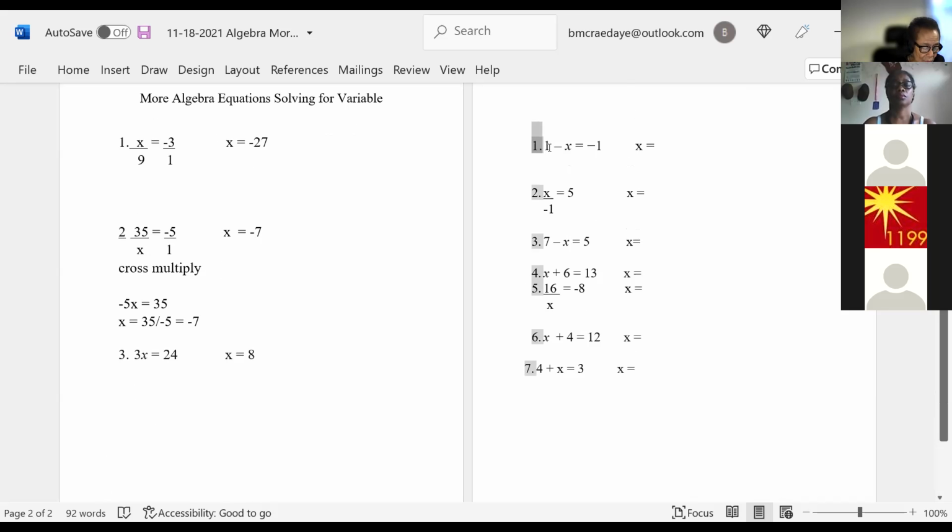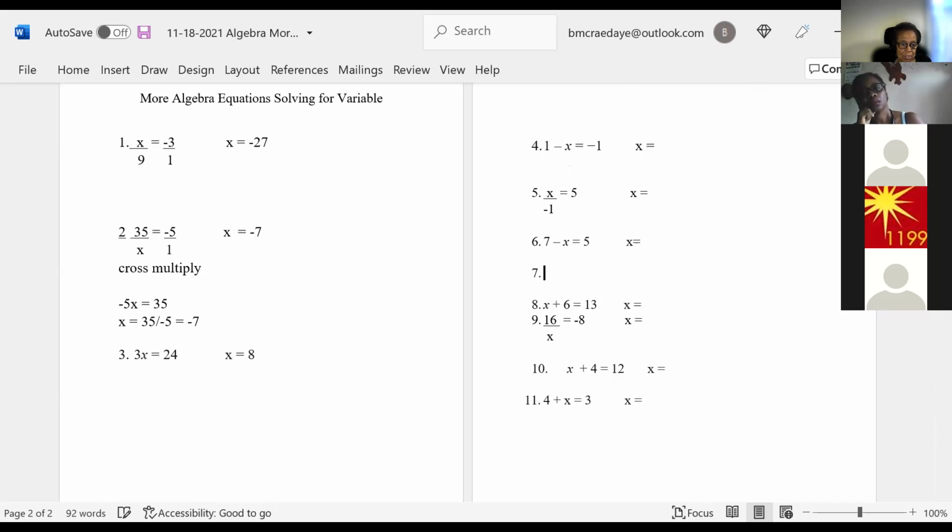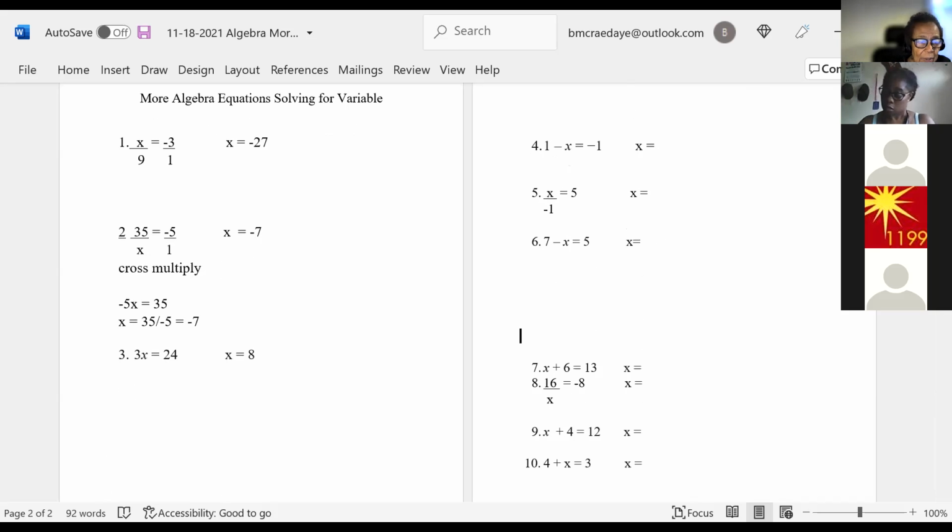Number 5 is x over minus 1 equals 5. And number 6 is 7 minus x equals 5. So solve those next 3. Solve for x and see what you get: 4, 5, and 6.